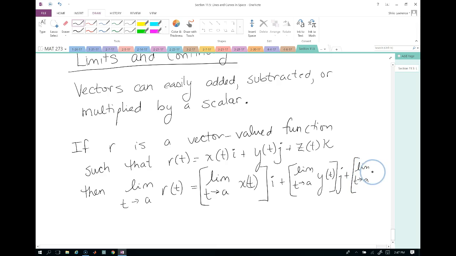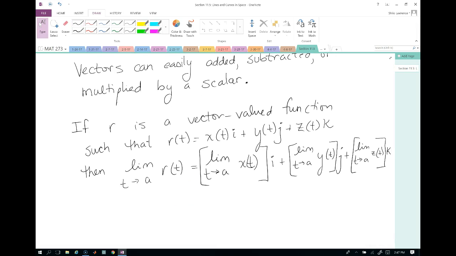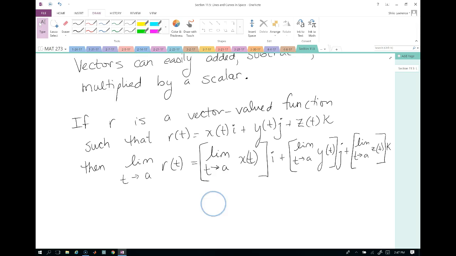Since all of these component functions might be very different and require different limit techniques, it's going to be much more convenient to think of this as 3 separate limit problems. That way we're only dealing with one function inside of each limit.